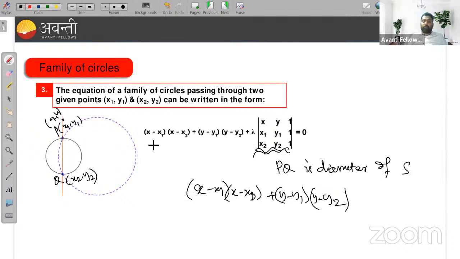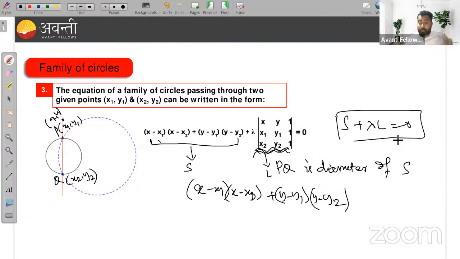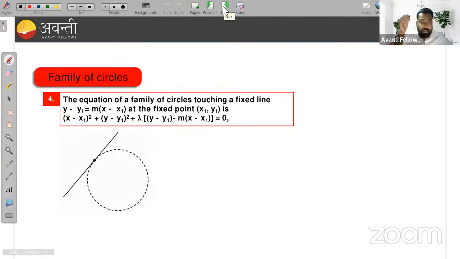So here also this expression represents my equation of circle, and this represents my line. So here also the equation becomes S plus lambda L is equal to 0. This represents your family of circles. Clear? Yes or no?